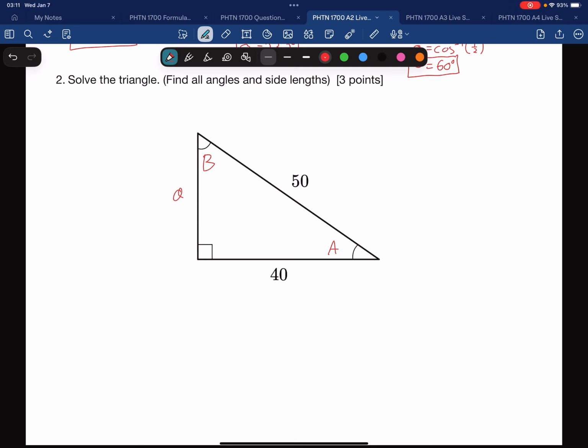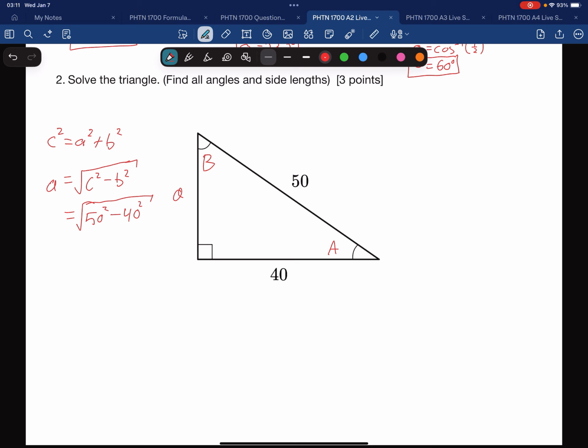So side length A, I'll find this using the Pythagorean theorem. So c squared equals a squared plus b squared. I'm solving for a here, so I get a equals the square root of c squared minus b squared. And plugging in my values, I get square root of 50 squared minus 40 squared.